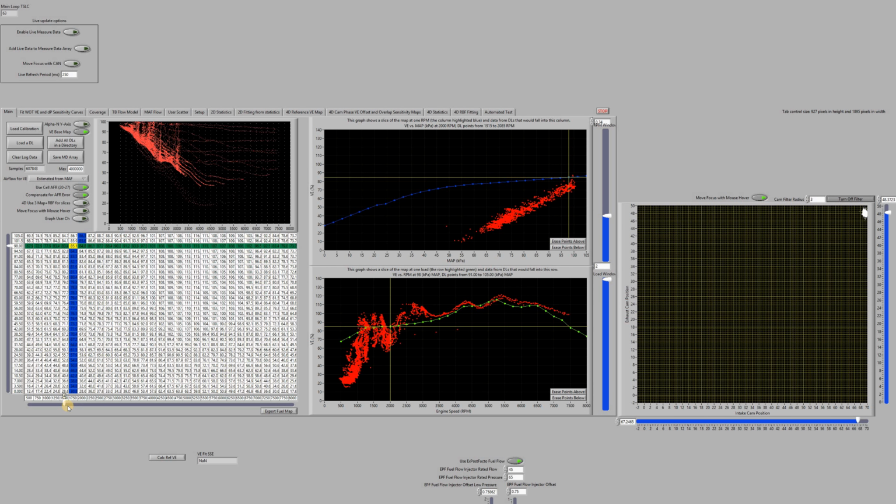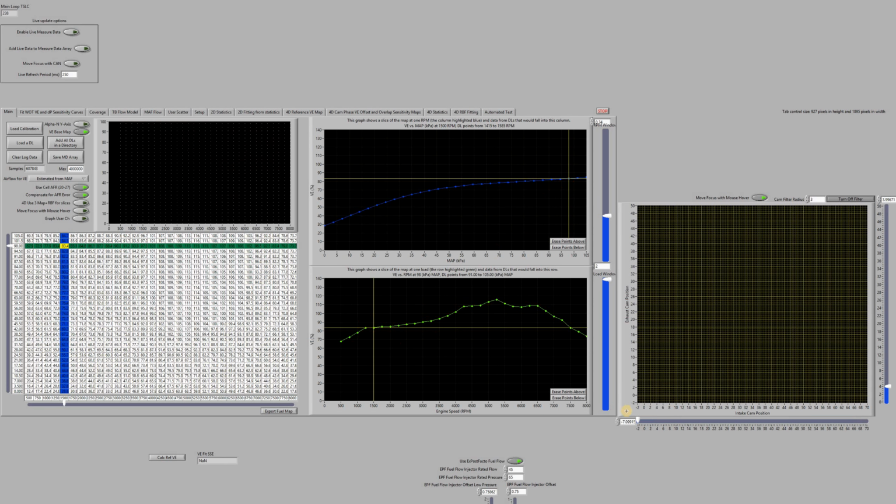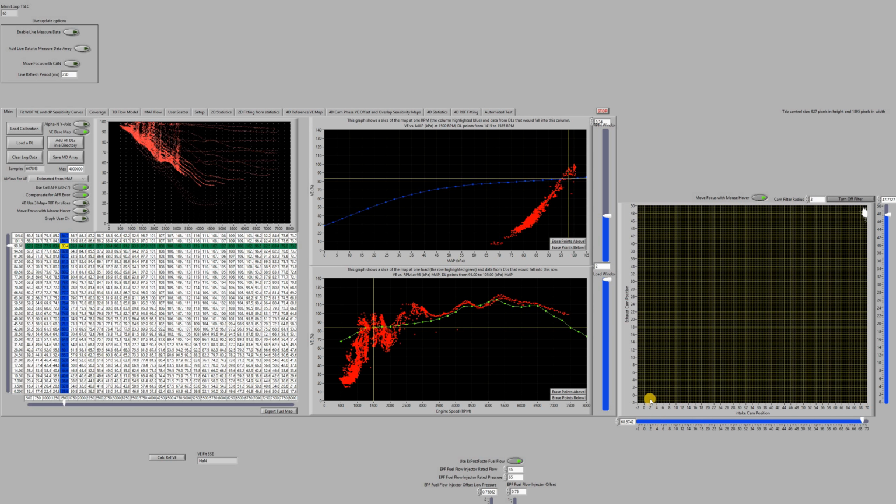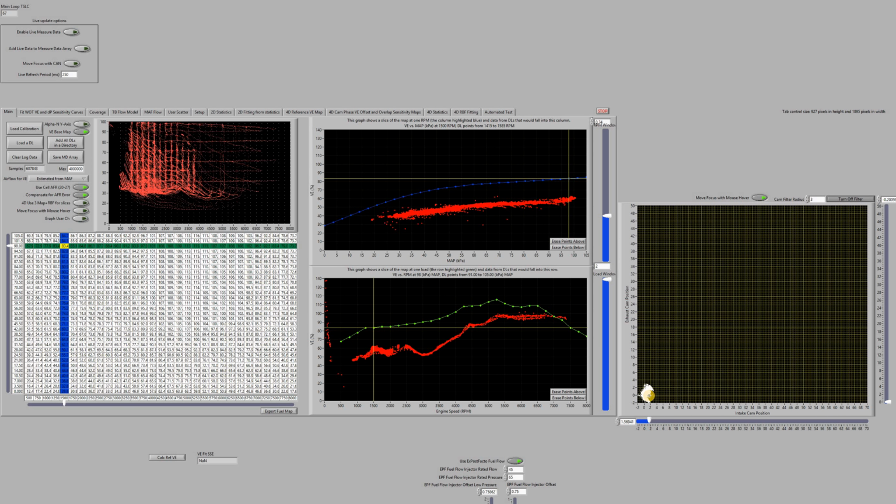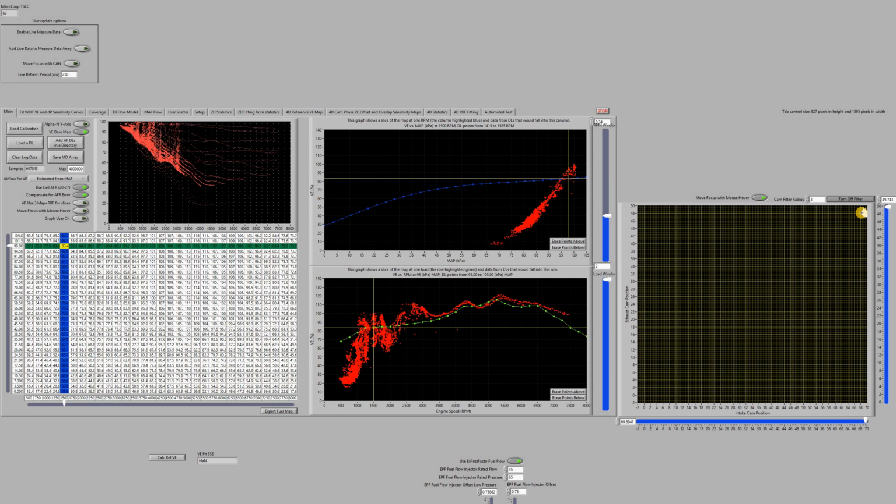So if you move this down to, say, 1500 RPM, at least at lowest overlap you have a very flat relationship here. The VE doesn't change much with MAP. You go to the other end of the spectrum, and you have a massive slope in the rate at which VE falls off as a function of differential pressure or pressure ratio across the engine.